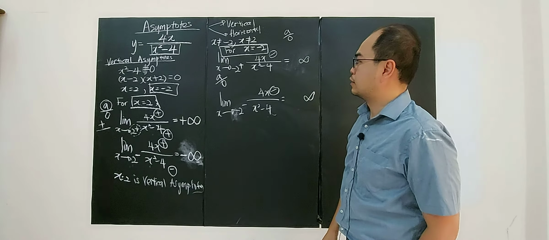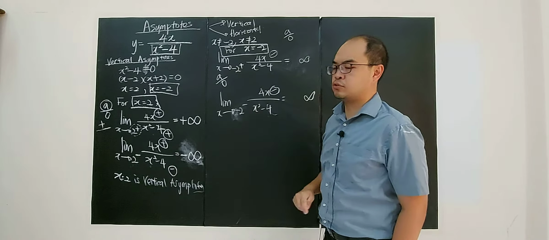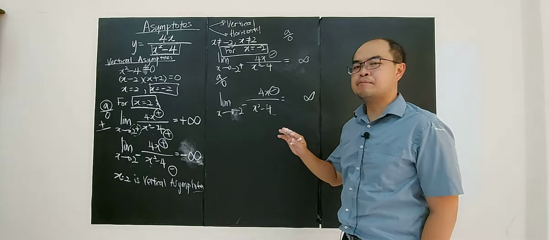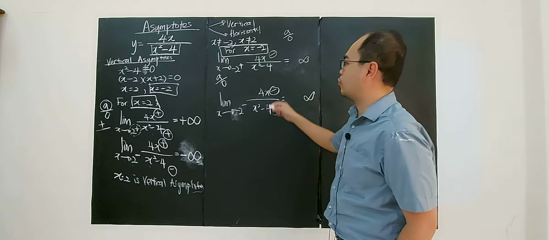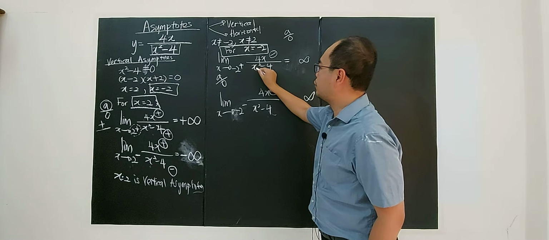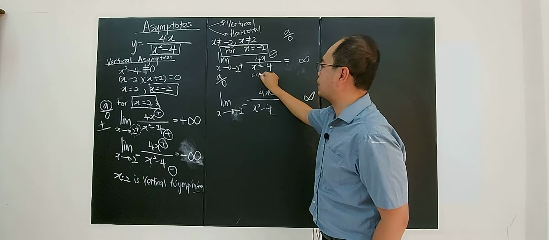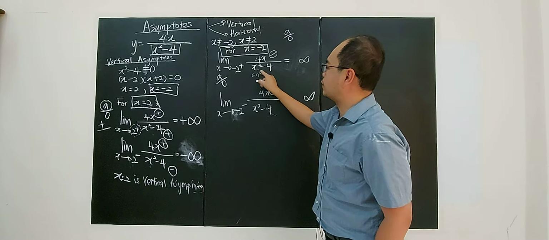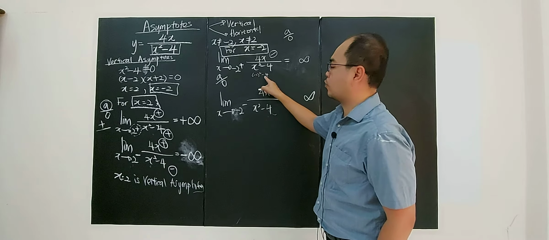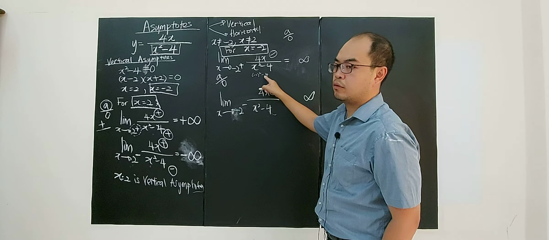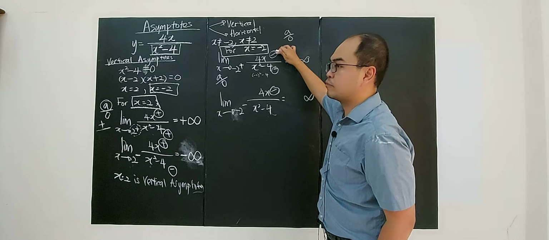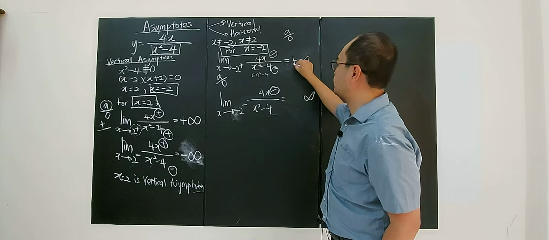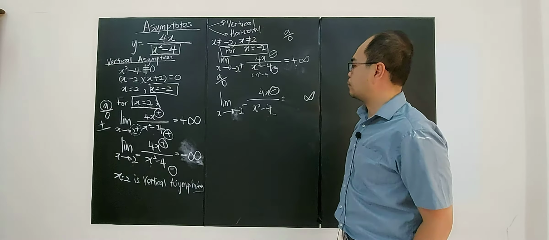For negative 2 plus, choose a number slightly more than negative 2, like negative 1. If you put negative 1 inside here, you get 1 minus 4, which is negative. So the denominator is negative, the numerator is also negative, so you are getting positive.